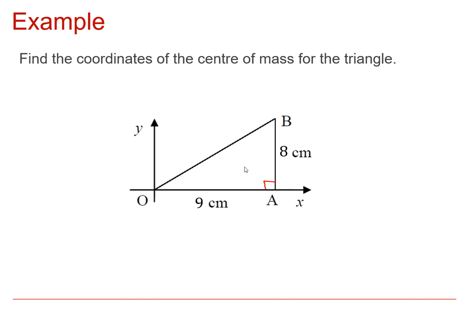So the centre of mass is going to be roughly there, but we have to be careful because it's 1/3 from there, 2/3 from here, which is what we need because that's where the origin is going to be: 6. So it's 6 centimetres from the y-axis, and a third of 8, so 8/3 in the y direction. Alright, so the centre of mass is simply (6, 8/3).